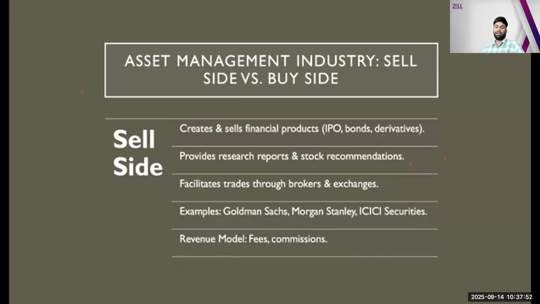On the buy side, you have the customer who chooses what to eat from the menu based on his risk appetite or preference. Are we clear? The asset management ecosystem is a combination of both the sell side and the buy side.